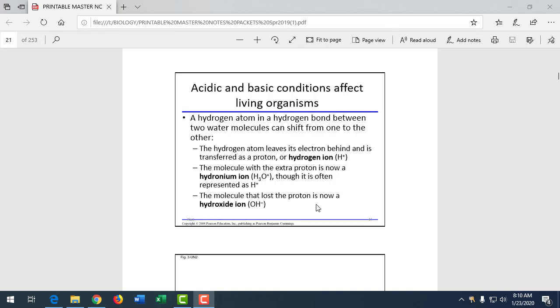If we're looking at sulfuric acid, for example, it has the formula H2SO4. In solution, which it always is, H plus will be separated from the compound, and sulfate ion, SO4 with a negative charge, will be separate in solution.